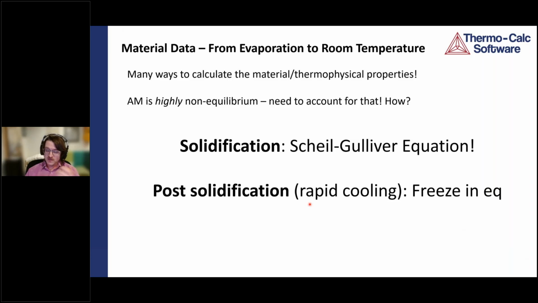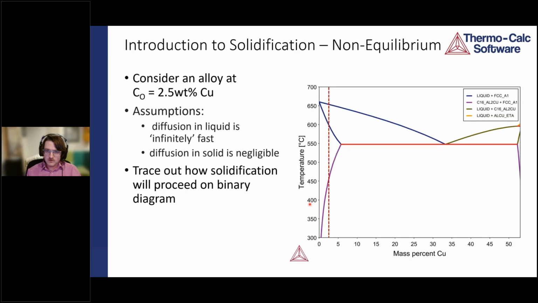Then post-solidification, we also have quite rapid cooling. How do we deal with that? We use something called the freeze-in equilibrium. We prevent the phase fractions from changing, but still calculate all the other thermodynamic properties as the material cools down. That allows for a more accurate description of what's going on.